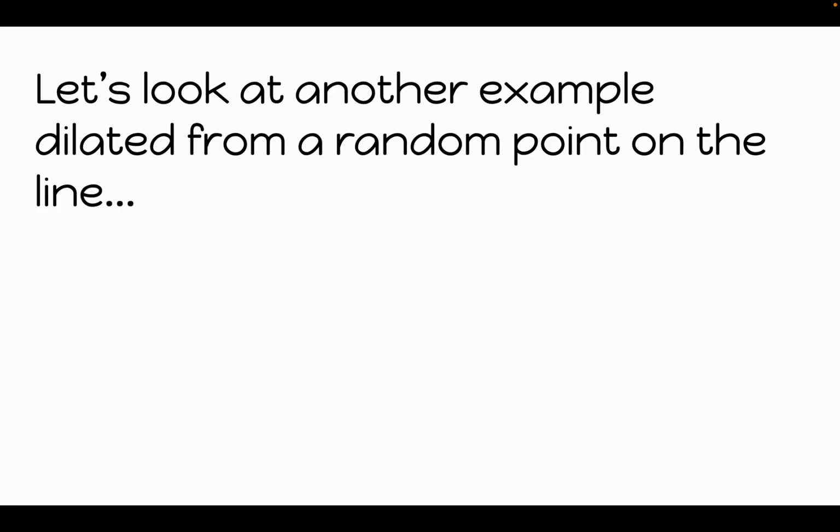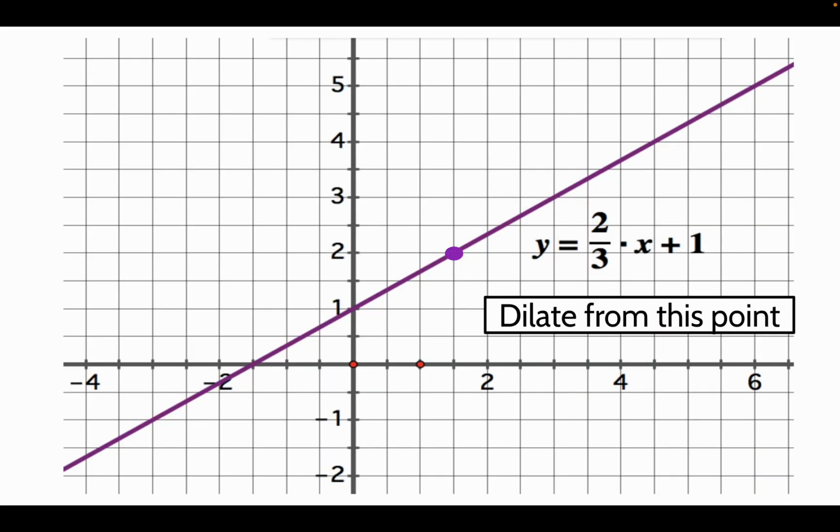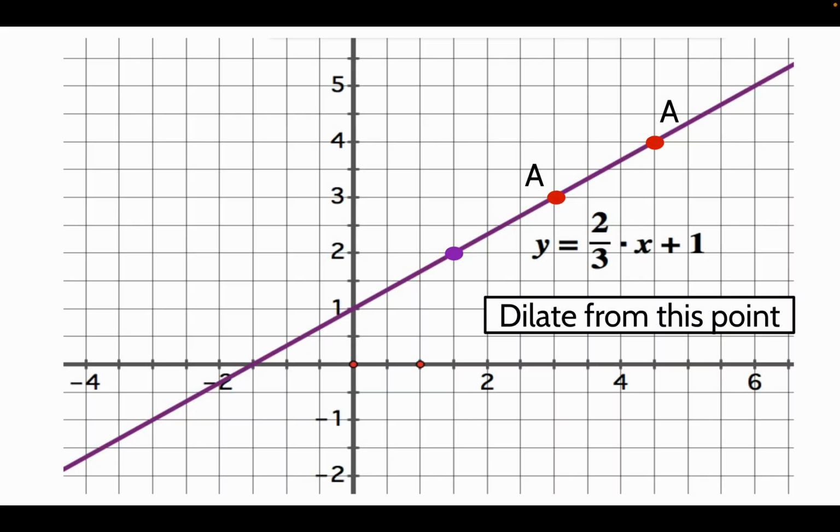Let's look at another example from a random point on a line. So let's say you have y equals 2/3 x plus 1. If we dilate from this point, not the origin, with the scale factor of 2 is twice as far away, what happens?